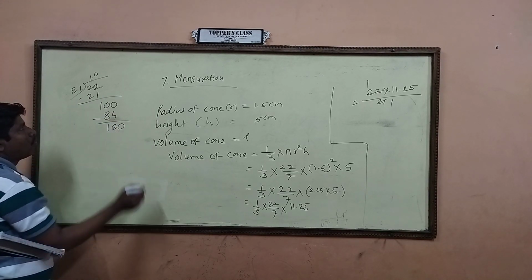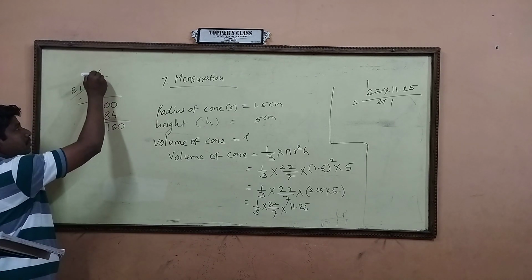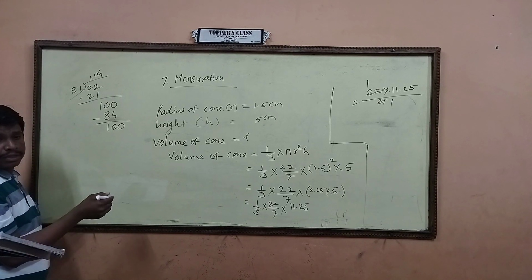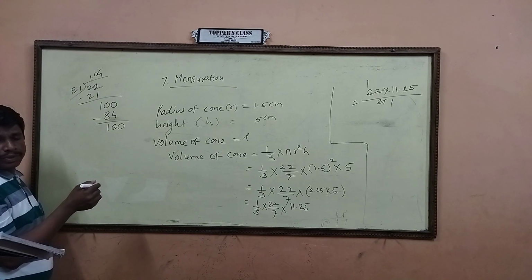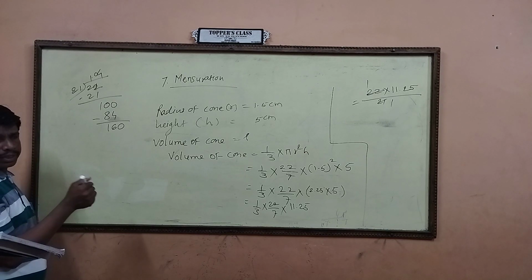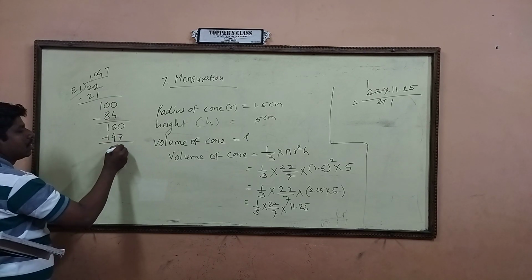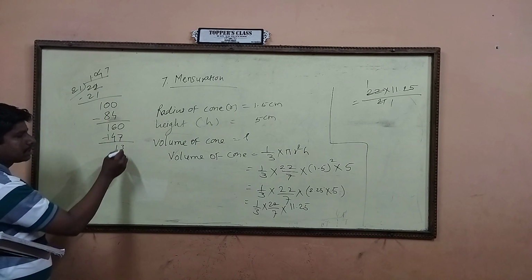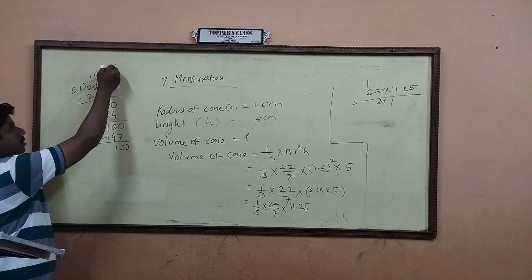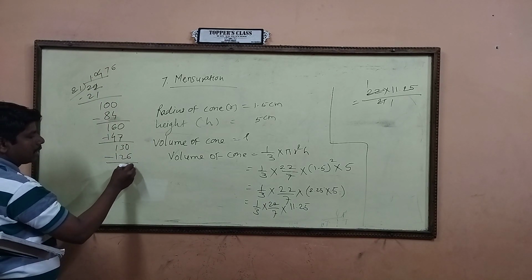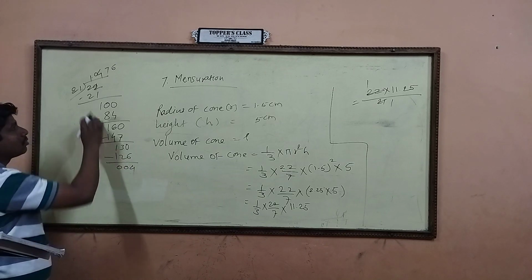Then 160, and 21 sevens are 147, leaving 13. Again 21 sixes are 126. So like this you will get 1.04, and again a 4 repeats.